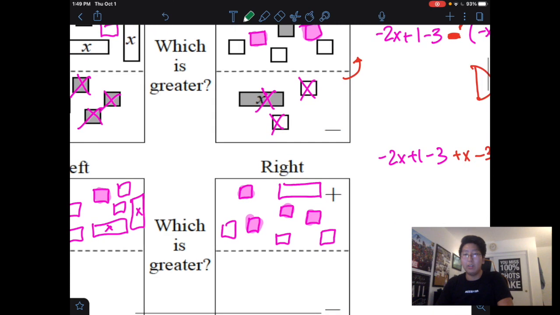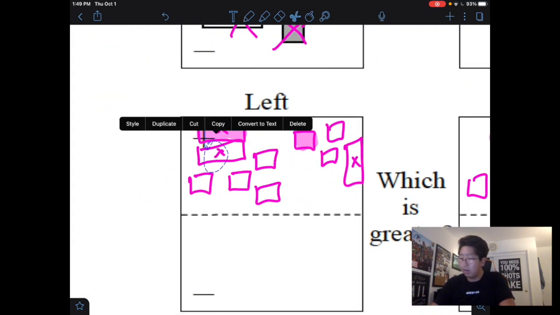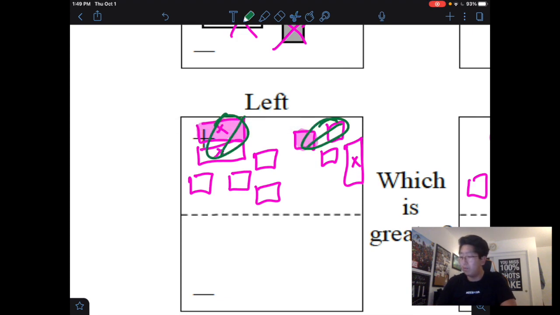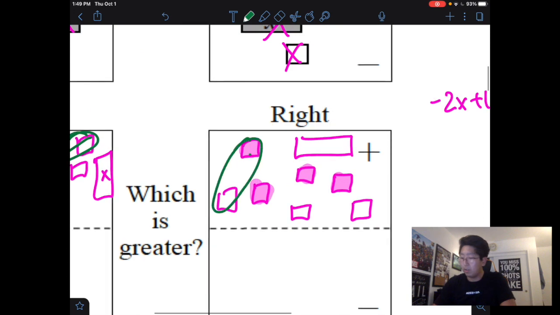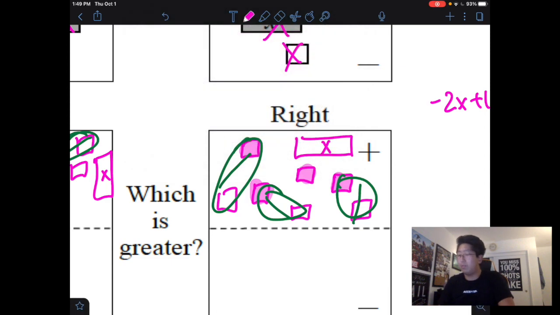what's the next thing I can do? Right, I can create zeros. I'm going to go ahead and move this over here. Create a 0. Create a 0. Over here, I'm going to create a 0. Create a 0. Create a 0. And don't forget that's an x.